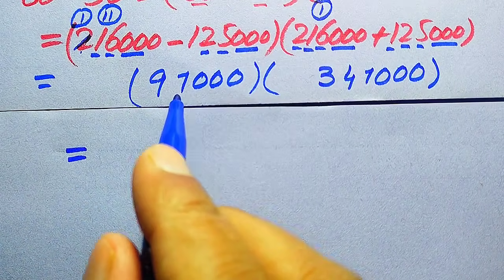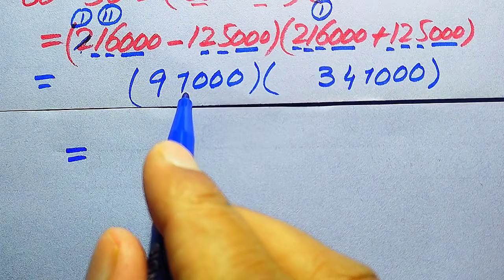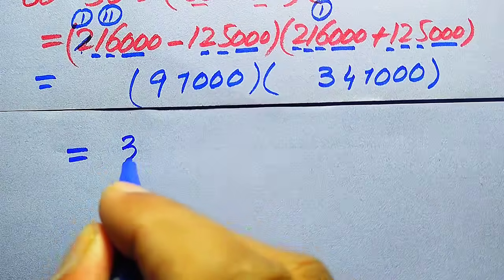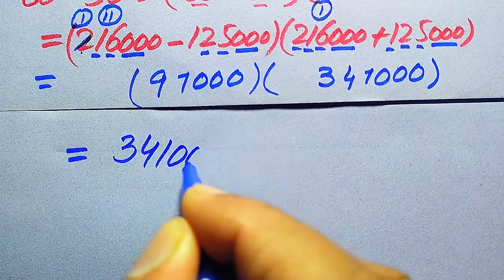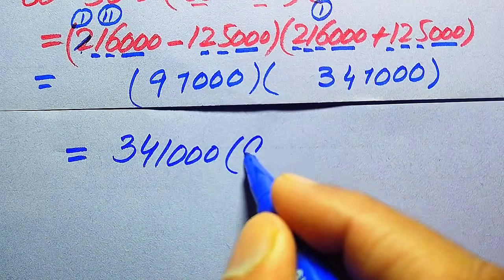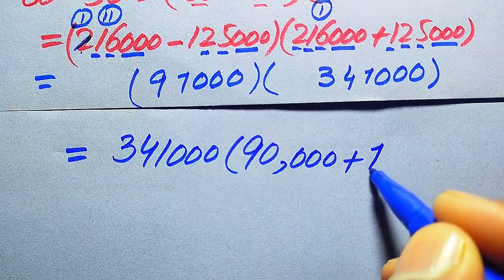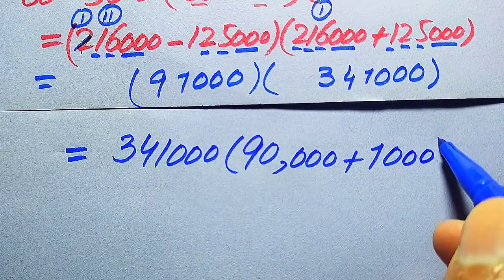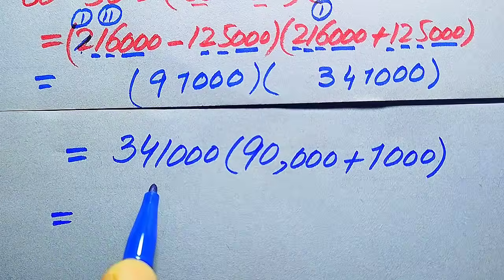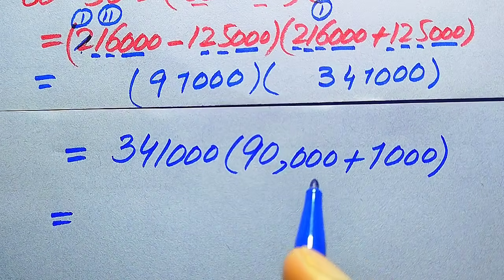For this we write this value as it is, 341,000. We write this value as 90,000 plus 1000. First we need to multiply this value separately with both of these values.